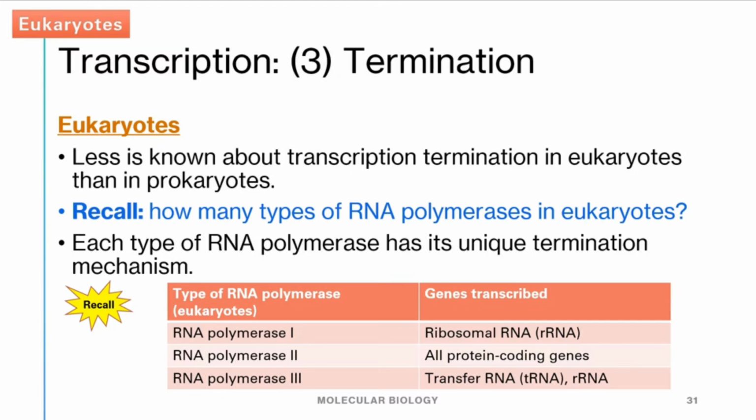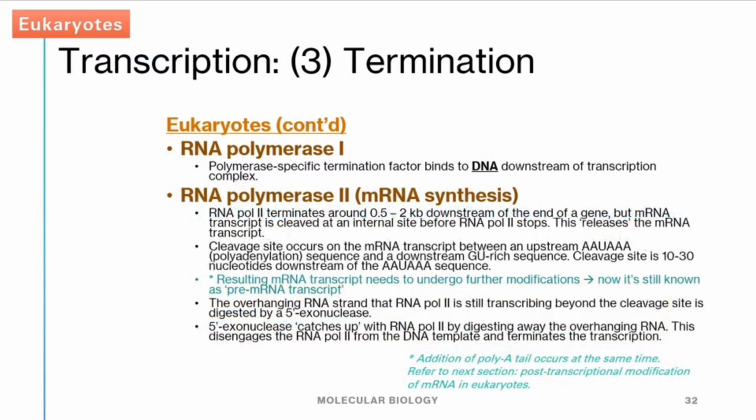One of the reasons is that there are more kinds of RNA polymerases inside eukaryotic cells, and every type of RNA polymerase terminates transcription differently. For RNA polymerase 1, termination takes place using a polymerase-specific termination factor that binds to the DNA downstream of the transcription complex and causes the transcription complex to stall and dissociate from the DNA.